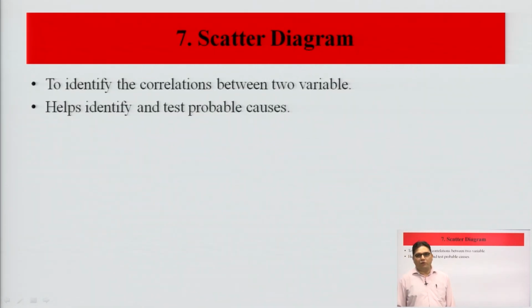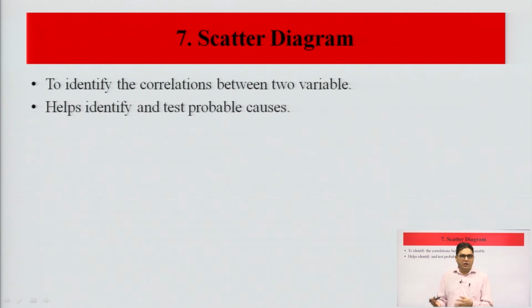Next, we have the scatter diagram. Scatter diagrams identify the correlation between two variables, for example height versus performance, or the number of hours you have studied and your performance in the examination. Through the scatter diagram we can identify which two variables are closely related, or very likely to impact the quality standard inside the organization.